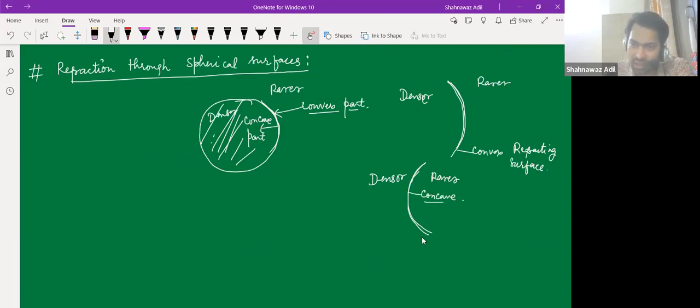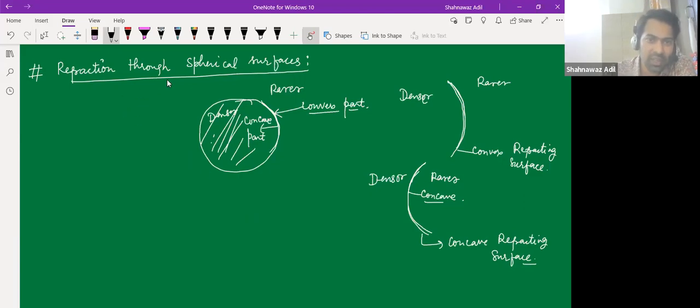So then this will be called a concave refracting surface. And understanding this part is very important, right? So you have two surfaces, convex refracting surface and concave refracting surface, right?